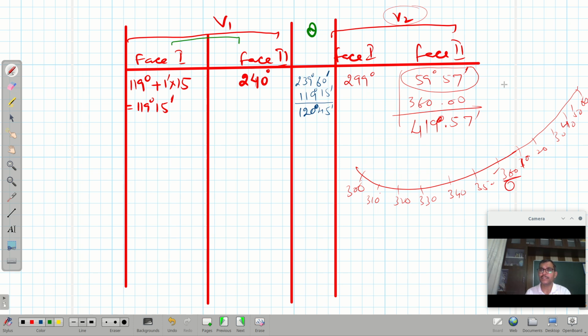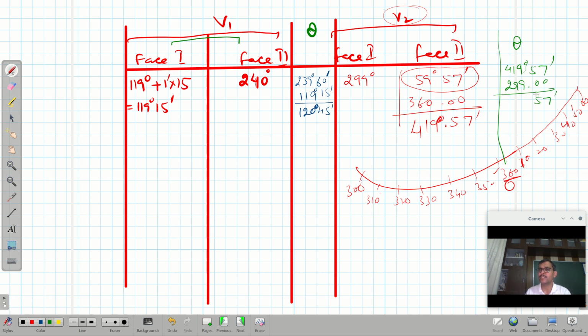So that means theta can be calculated from here. Theta is basically the difference between 419 degree 57 minute and 299 degree, right?